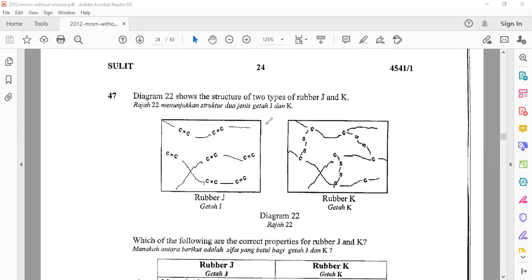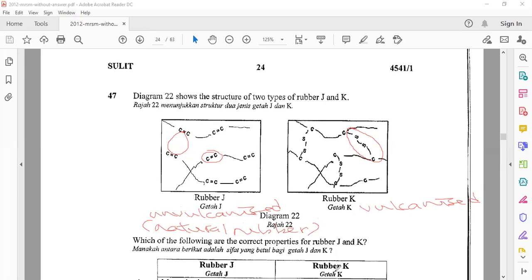Can you see rubber K has the sulfur linkage, but this one does not. And this one has more carbon double bonds, this one fewer. Meaning to say, rubber J is unvulcanized rubber, and K is vulcanized. Unvulcanized rubber, another name, we call it natural rubber.